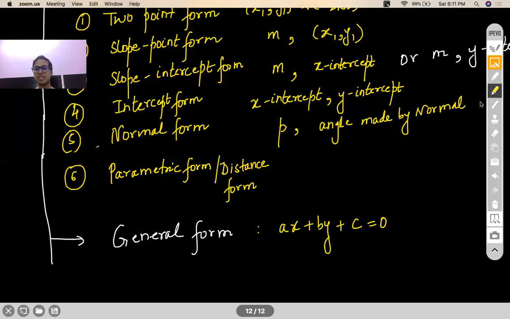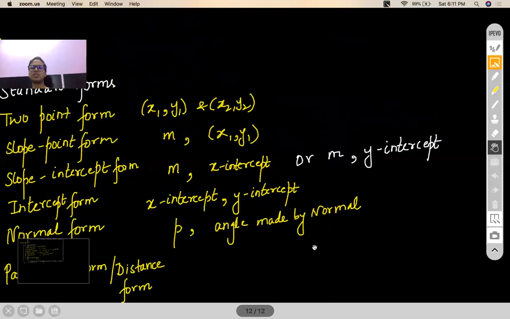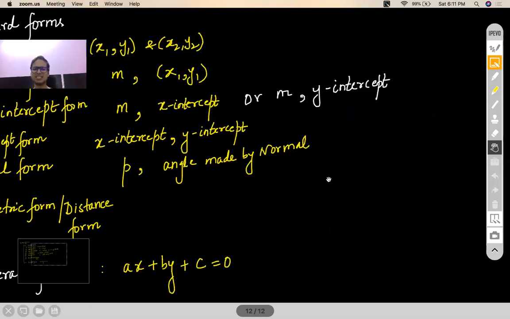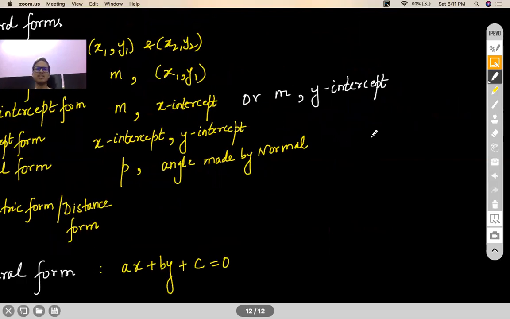If you look at all these 6 forms over here, you would realize that in order to get a unique line, 2 things must be given to you. As you can see, they're always talking about 2 things, either 2-point or slope point or slope x-intercept or slope y-intercept or x-intercept y-intercept or p and angle.